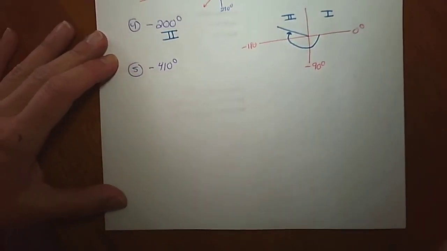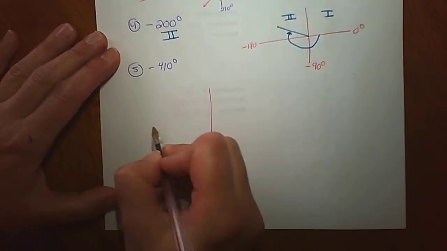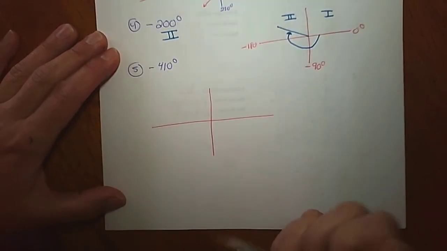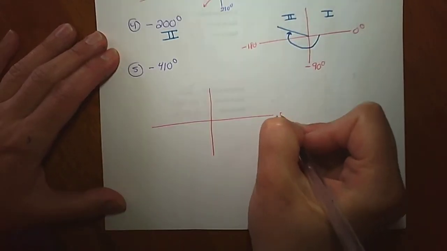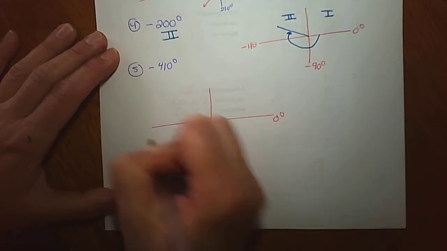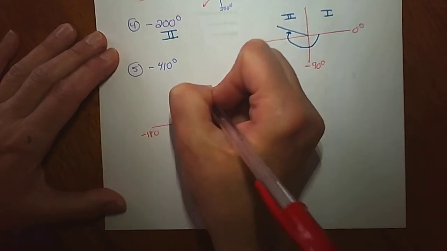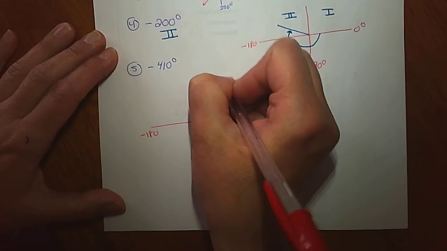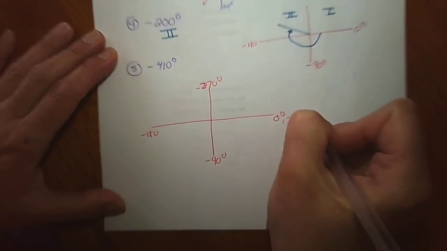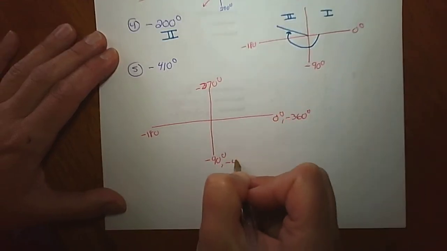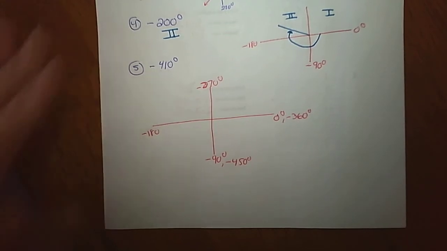And finally, number 5 here, negative 410. So we're going to go backwards. So this is 0, negative 90, negative 180, negative 270, negative 360. Add 90 onto that, it'll be negative 450. All right, so I went backwards.